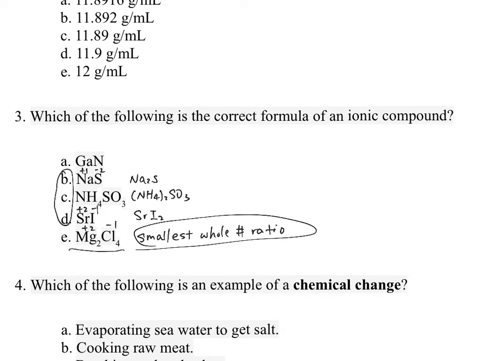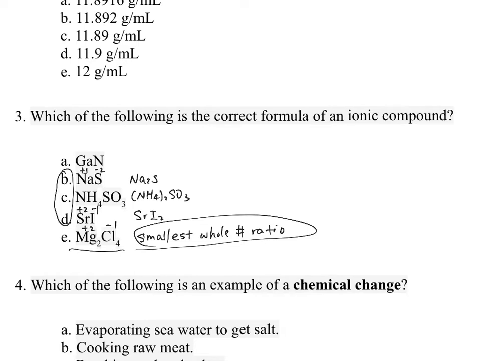Because ionic compounds are making 3-dimensional arrays, they're not making molecules. You don't really have two magnesium ions together with four chloride ions making an individual little group of this compound. That's how molecular compounds do things.